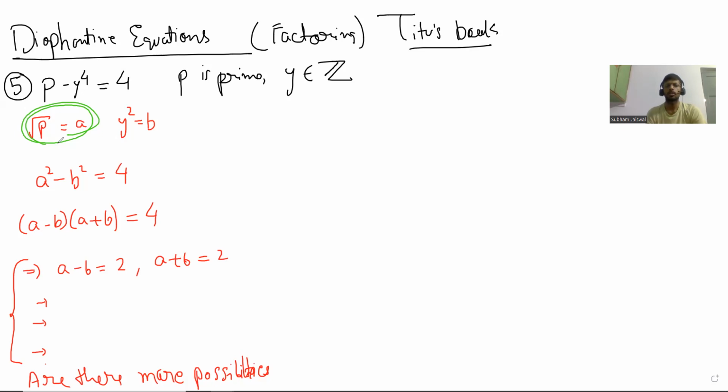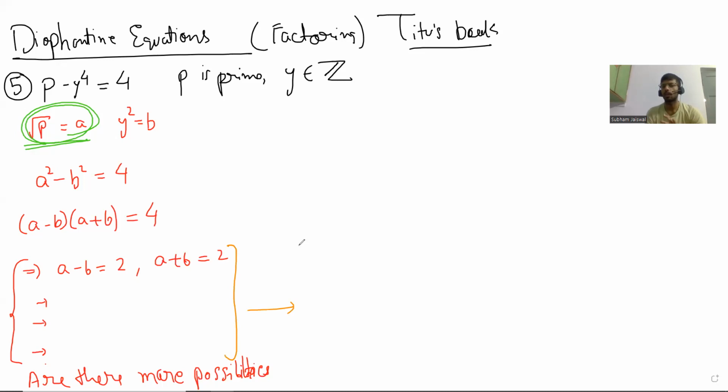This assumption means that A minus B is no longer an integer, right? So is it fine that there should be more possibilities? In fact, these possibilities will never lead to legal solutions.